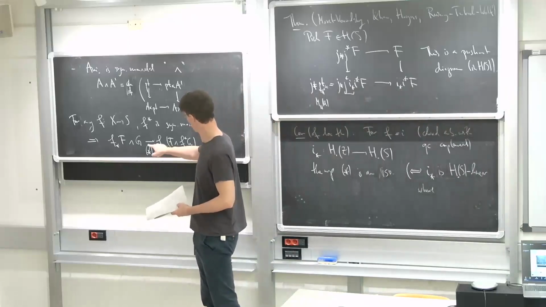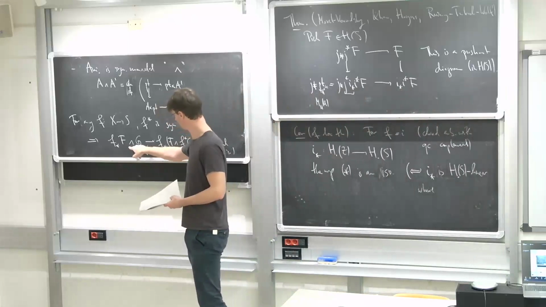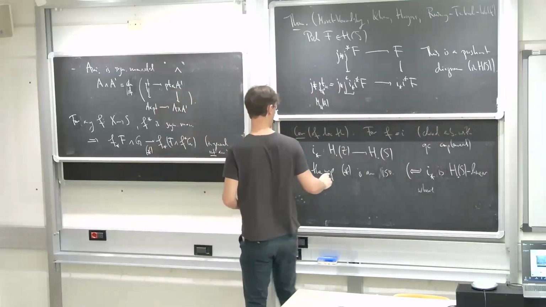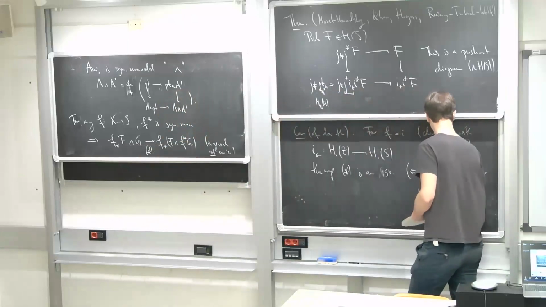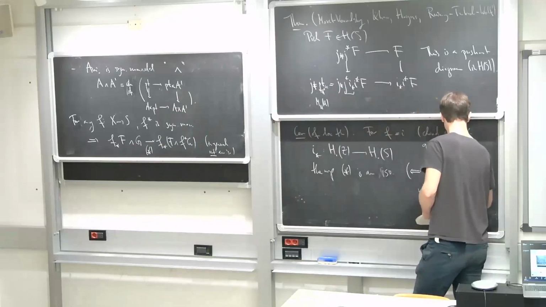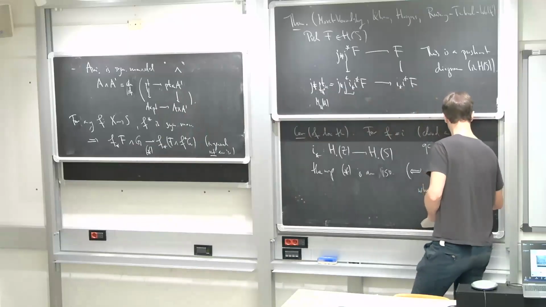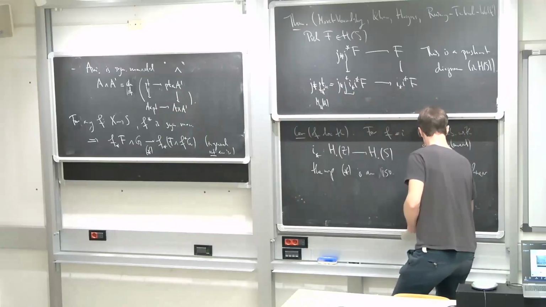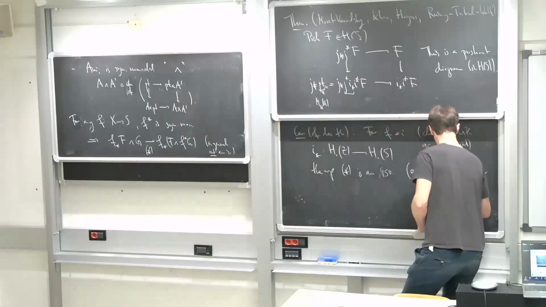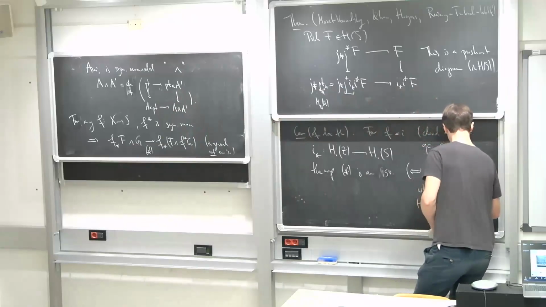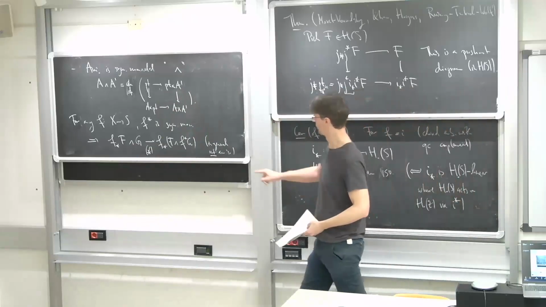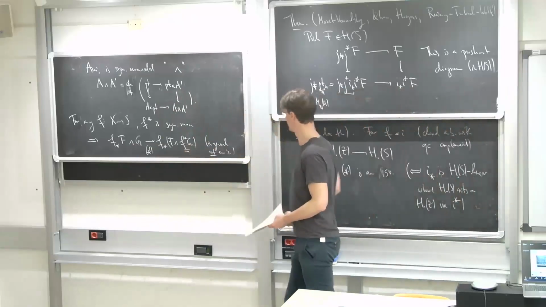It acts on itself because it's a symmetric monoidal category, and it acts on the other category, H bullet of Z, by motivic I alpha. So where H bullet of S acts on H bullet of Z via I alpha. So that's what this here is. Okay?